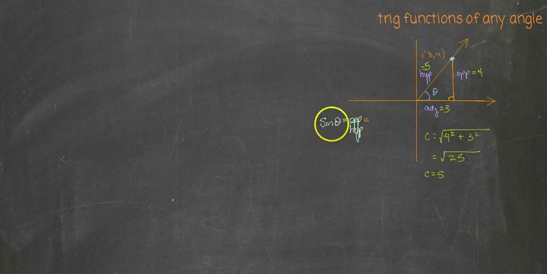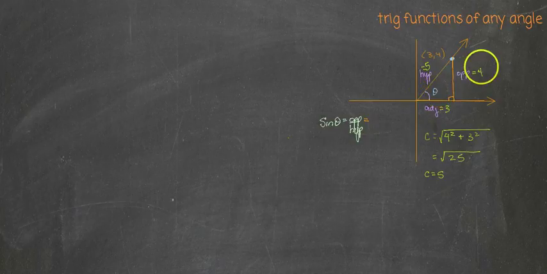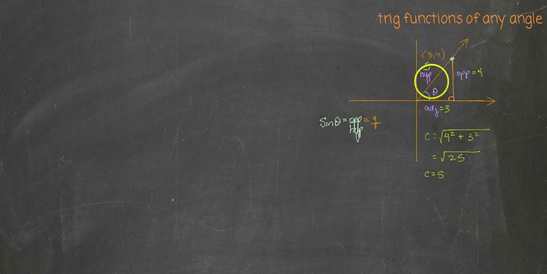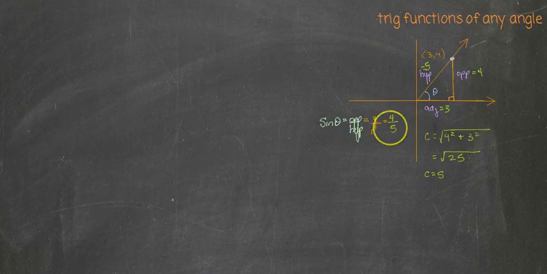I can say that the sine is the y ordinate over the radius, which is the hypotenuse, the radius of the circle. So in this case, the sine of theta is 4/5.